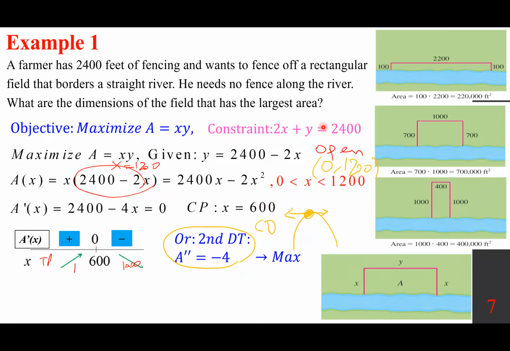We can put it into this or this function to find the missing y, which becomes 1200, and of course 1200 feet. So the dimensions are 600 by 1200, and the area is the product of the two, which is 720,000 square feet.